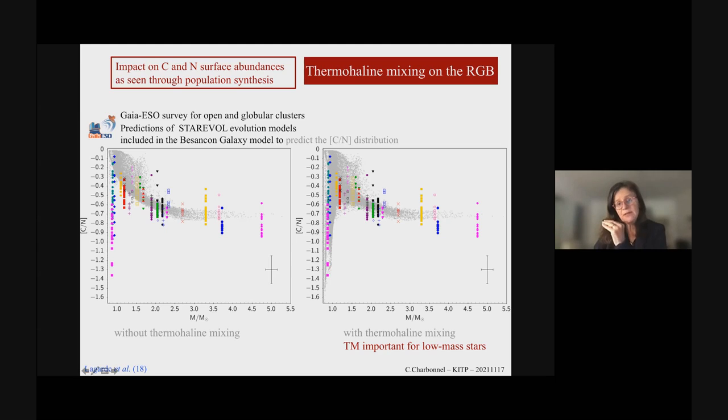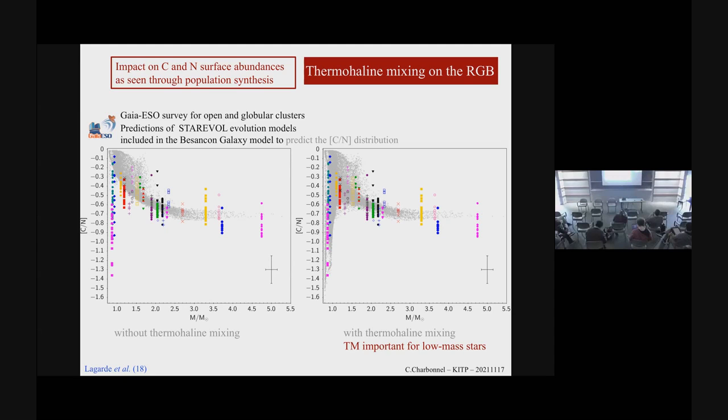So you will have these values, for example. And when you move after the bump, actually the star is brighter and the thermal mixing is more efficient. So it's really the evolution of thermal mixing along the color magnitude diagram.